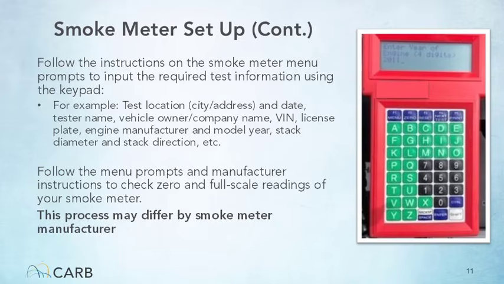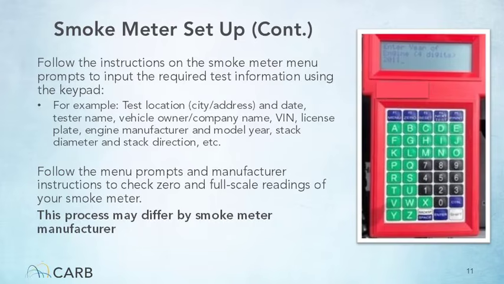Some of the required information includes, but may not be limited to, the test date and location, address of where the test is being performed, the name of the Clean Truck Check tester, vehicle owner information, the VIN and license plate of the vehicle, the engine manufacturer and model year of the engine, and the tailpipe stack diameter and stack direction.